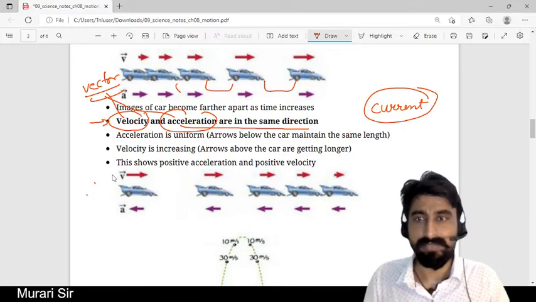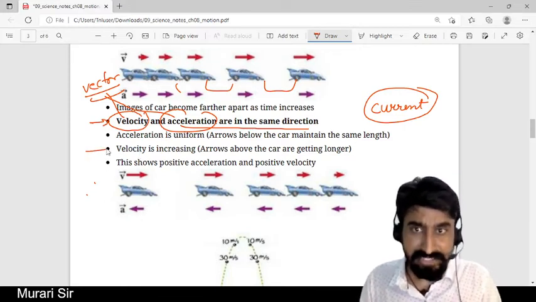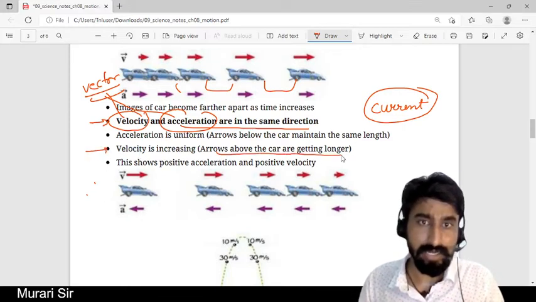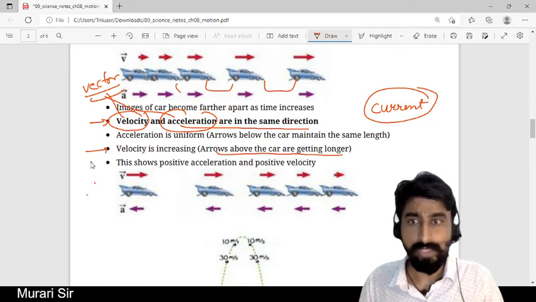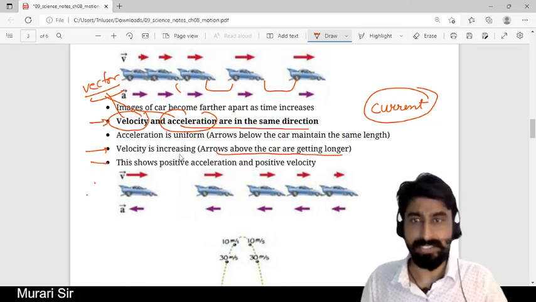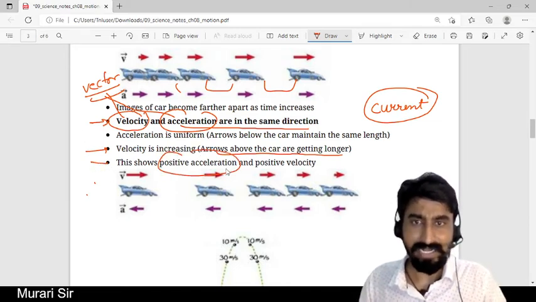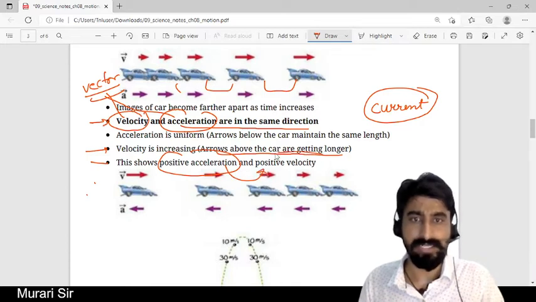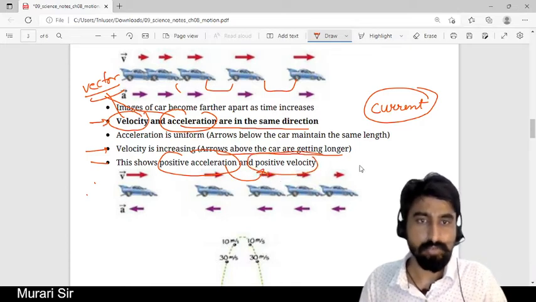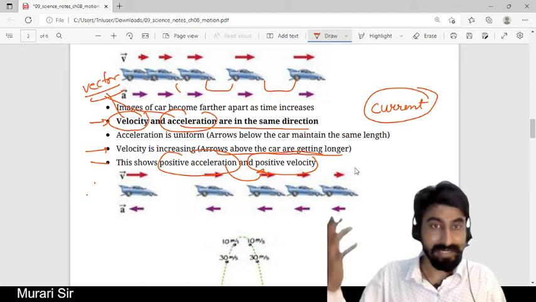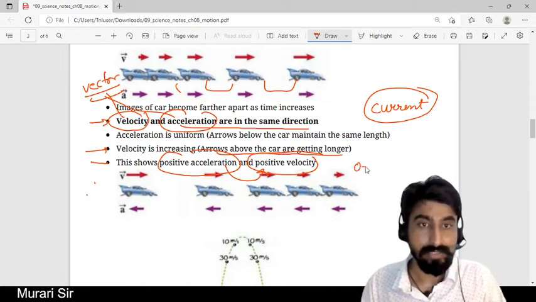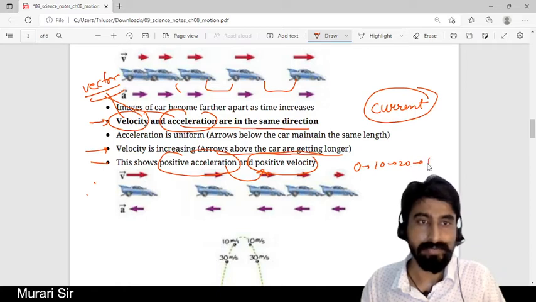Okay, let's come to the next part. Velocity increases, the arrows above the car are getting longer. So this shows positive acceleration, and positive acceleration directly depends on positive velocity. What does that mean? Suppose you have started a bike, and after starting the bike, it goes from zero to 10 kilometers per hour, then 20 kilometers per hour, then 50 kilometers per hour.